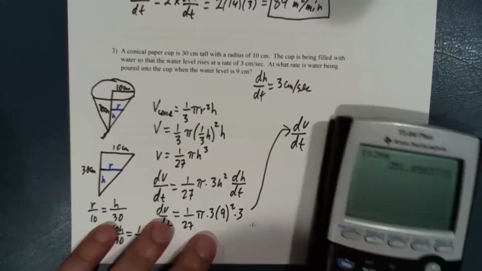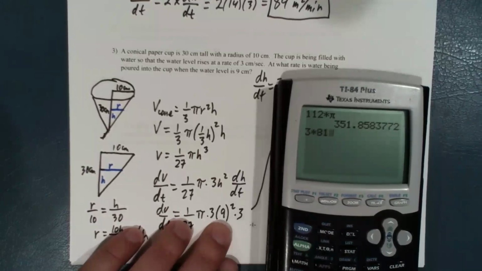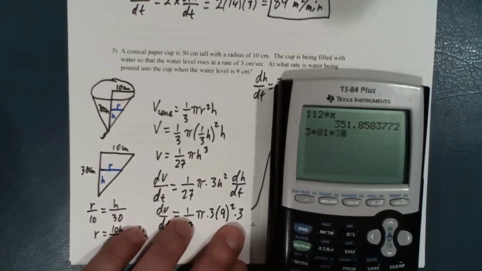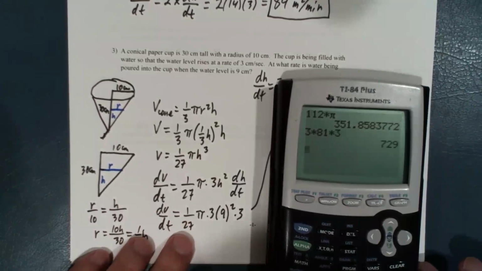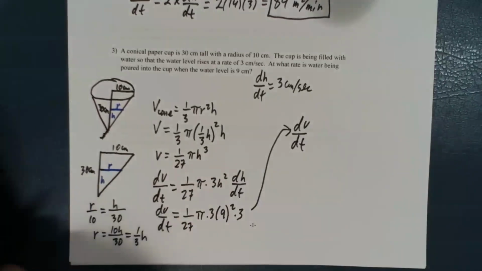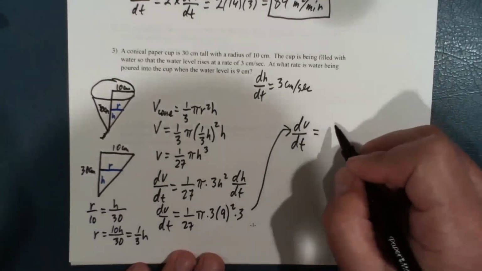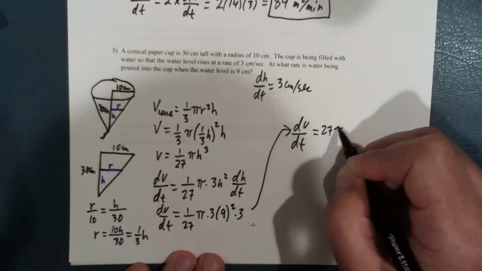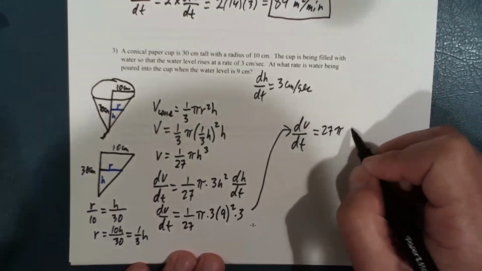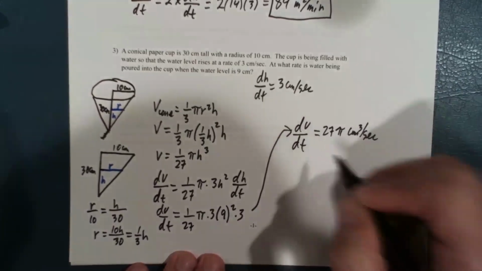What I'm going to do is go 3 times 81 times 3 divided by 27. That gives us 27, so this gives us 27 pi cubic centimeters per second.